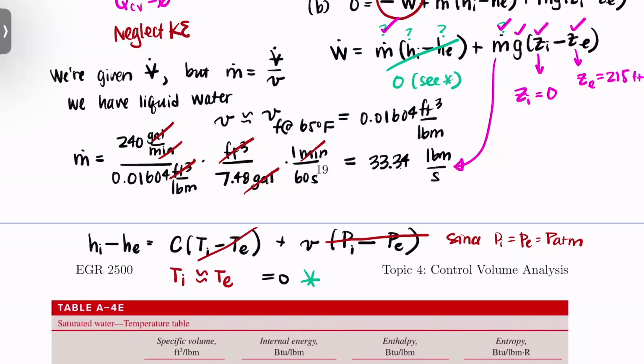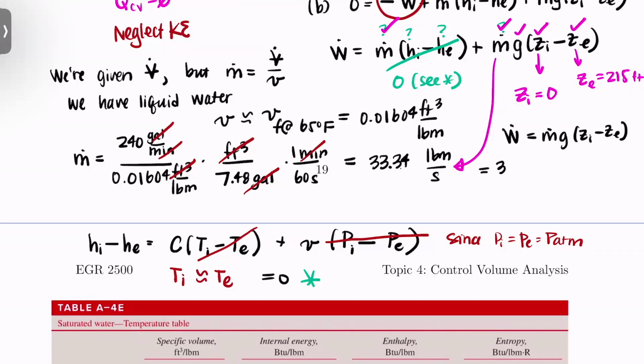All right, so that means that W dot is equal to M dot G times ZI minus ZE, which is equal to, all right, there are unit conversions. Hang on just one second. I don't want to shortchange you on the unit conversion.